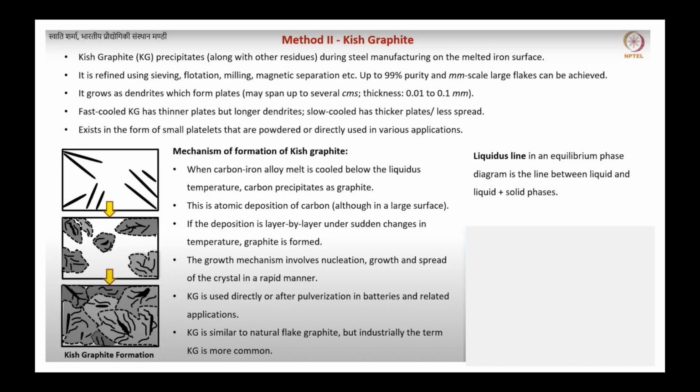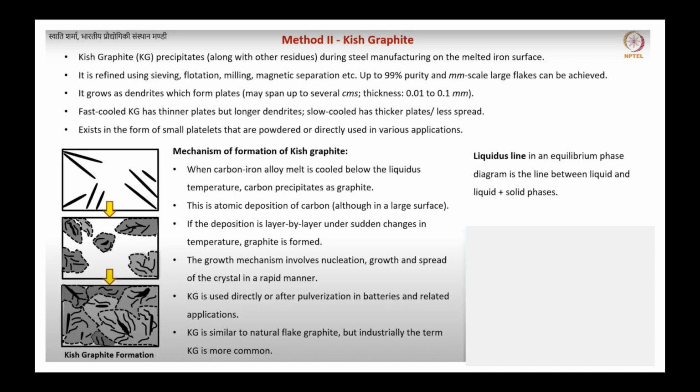The growth mechanism involves nucleation, growth and spread of the crystal in a rapid manner. Now, this Kish graphite is usually used indirectly or after pulverization in batteries and other related applications. This is also similar to natural flake graphite, but industrially the term Kish is more common.